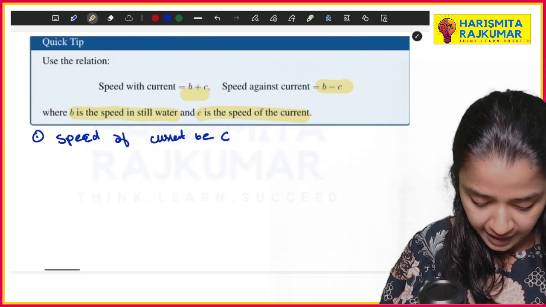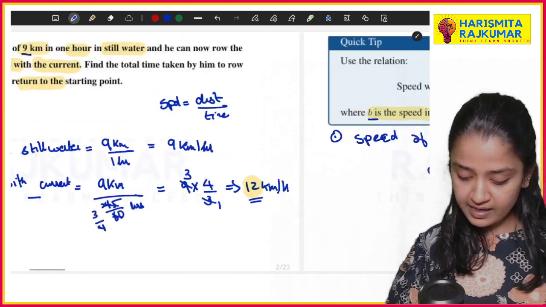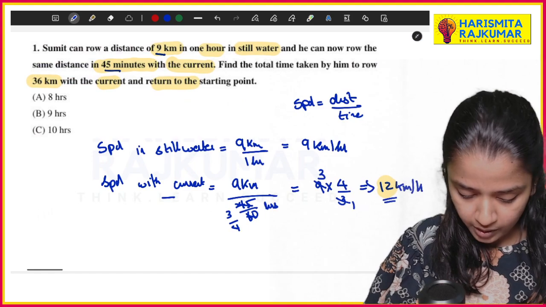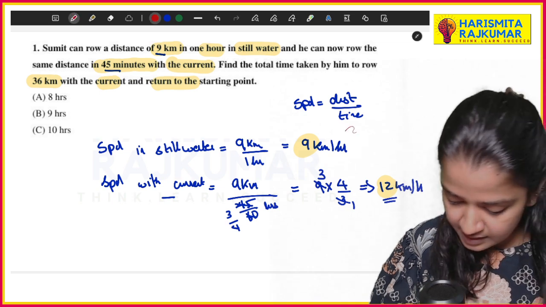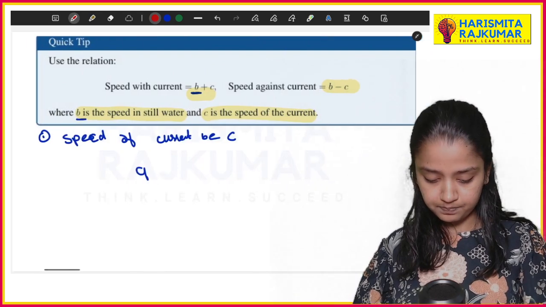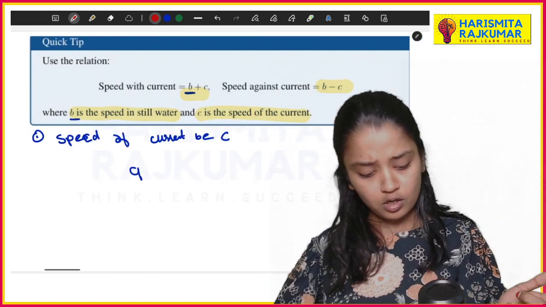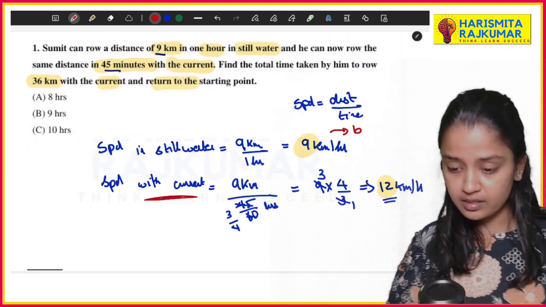What is speed in still water? Speed in still water is 9. This is your B and this is your speed with current.